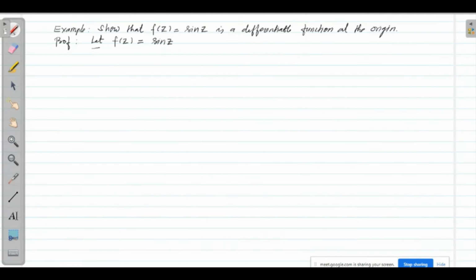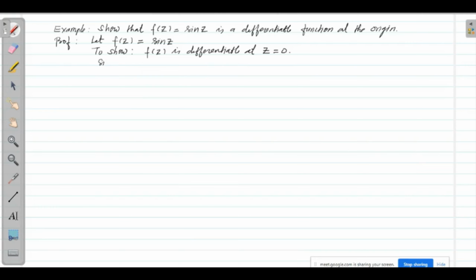So to show that f of z is differentiable at the point z equal to 0, we know the definition of differentiability at the origin.